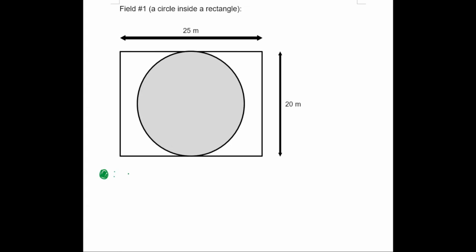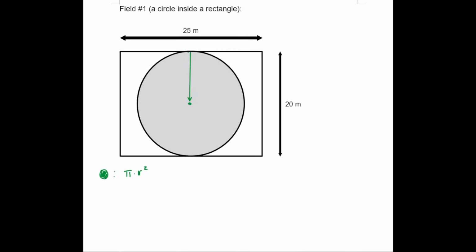So the area of the circle, remember, it's pi times the radius squared, pi r squared. And the radius is the distance from the side of a circle to the center of the circle, right? And so in this question, we aren't given the radius, but we're given the diameter, which is the distance from one side to the other side, okay? And we know that is 20 meters.